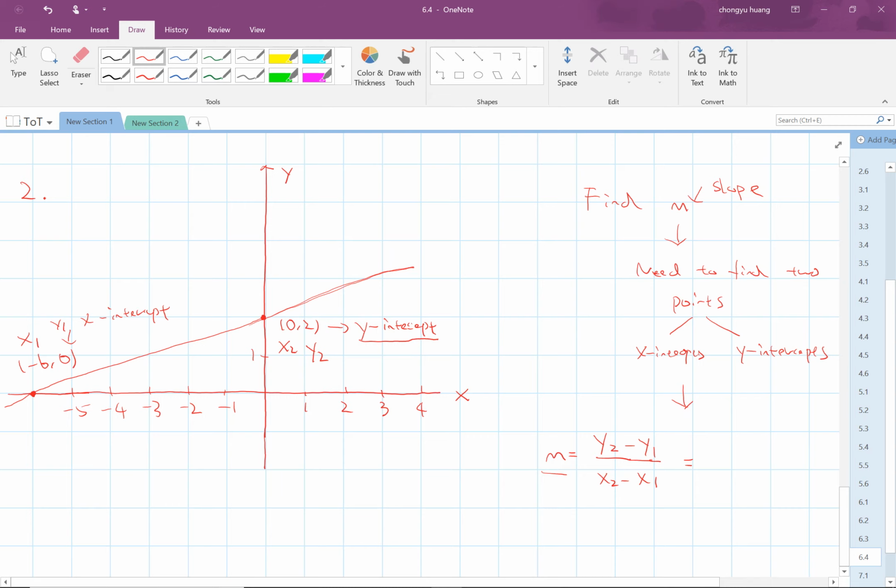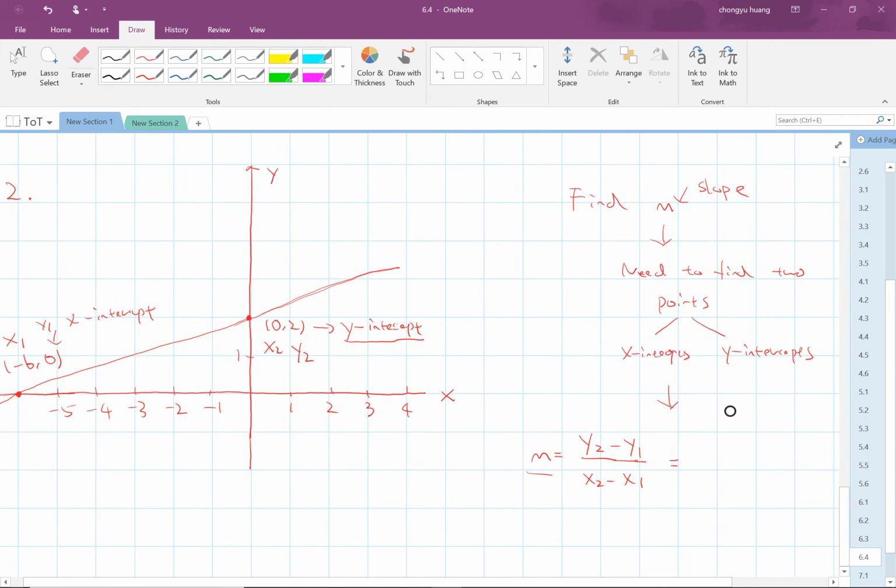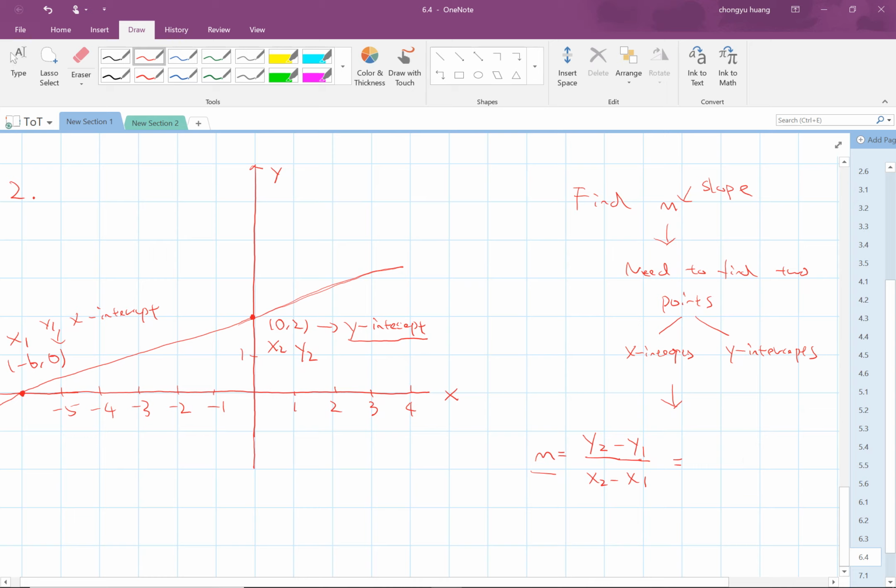So you plug in those values in order. If you plug in the order wrong, then m will be different from the answer. Okay, so we have y2 is equal to 2 minus y1 is equal to 0, x2 is equal to 0 minus x1, which is negative 6, right?